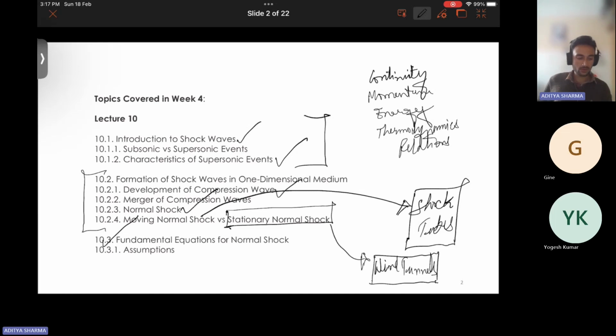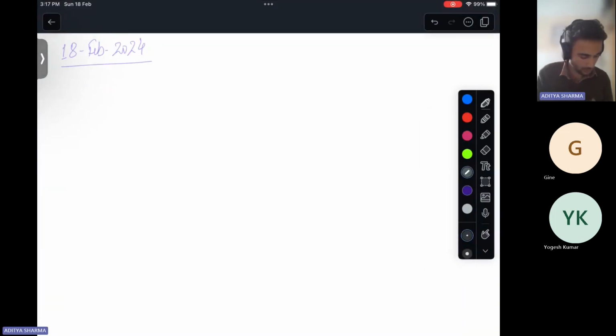So the continuity equation is rho 1 u1 equals rho 2 u2. In the same way, there is the momentum equation: p1 plus rho 1 u1 square equals p2 plus rho 2 u2 square. Then there is the energy equation, that is h1 plus u1 square by 2 plus q. I believe you must be knowing these. Let me just write these here. So the continuity equation is rho 1 u1 equals rho 2 u2.